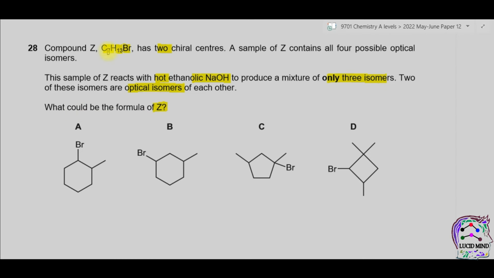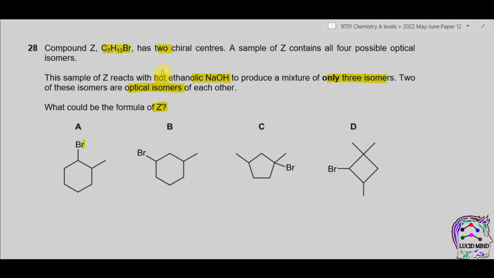So we have to look out for 7 carbons, 1 bromine and 13 hydrogens. So all of them have 7 carbons, 1 bromine, so hydrogen atoms should also be 13. So let's see which one has got 2 chiral centers.